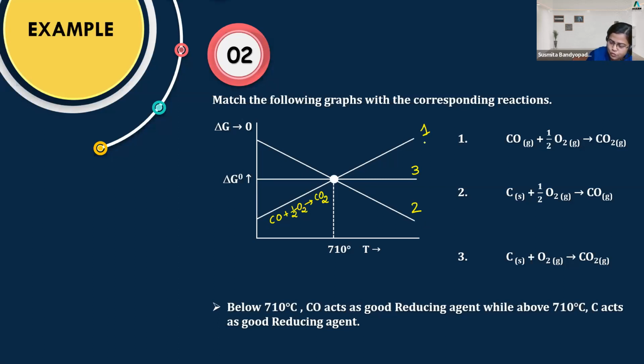This line is 1: CO plus half O2 giving CO2. So, in layman's terms, before the dot the first reaction is most spontaneous and its delta G is most negative. Before the dot, one is most feasible.